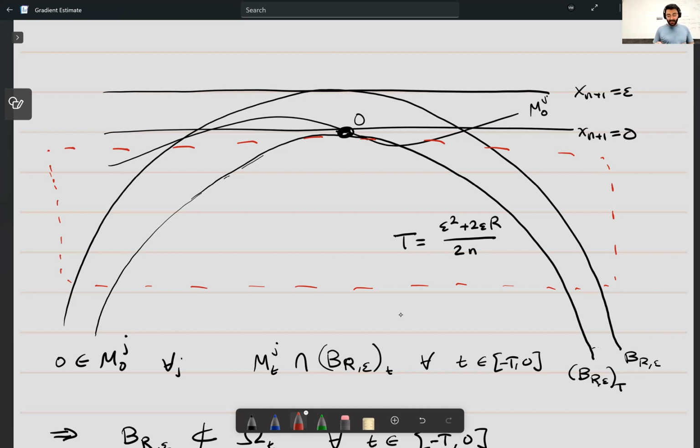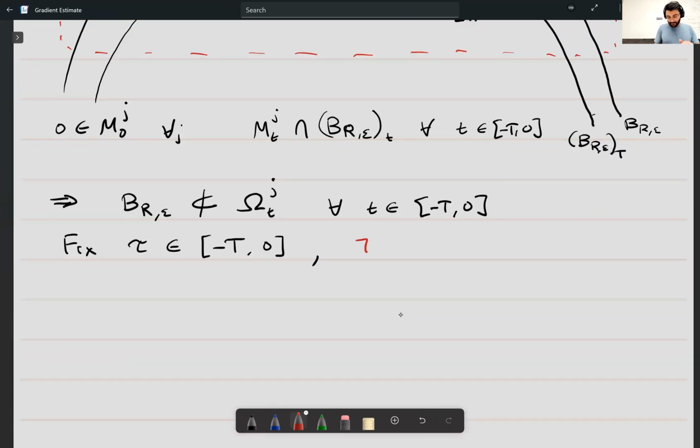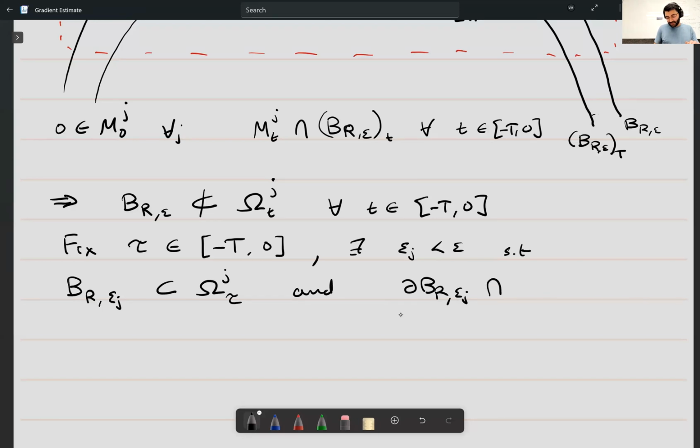So that means that there exists some epsilon_j less than epsilon, it could be negative, such that the ball B_r(epsilon_j) is completely contained in the interior of Omega_j^tau, and the boundary of B_r(epsilon_j) intersects M_j^tau.